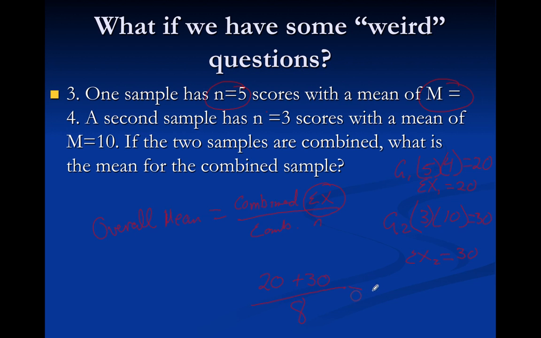So now we have 50 divided by 8, and if you divide 50 by 8, you will get a combined average of 6.25. And that is your overall or combined average, just as we have here. What's the combined mean for the combined samples?